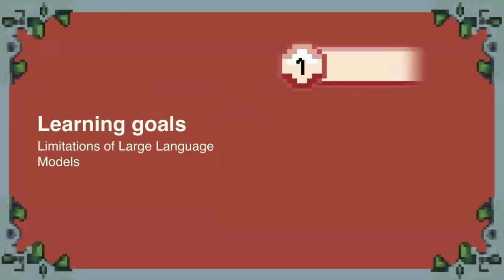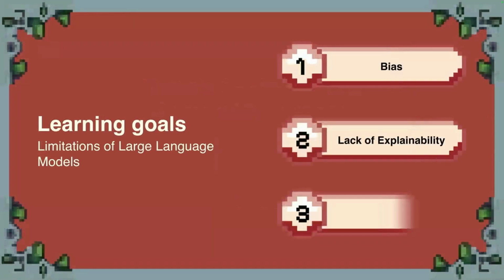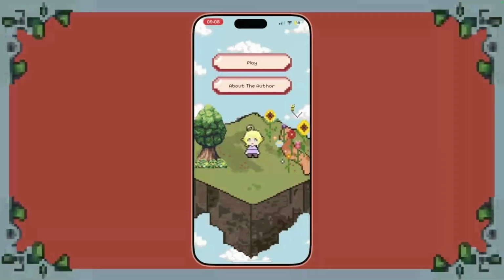So I was trying to fix this problem. My learning goal was for people to understand the limitations of large language models. The limitations are of course the bias, the lack of explainability, and the lack of computing power and resources. And that brings me to my app.